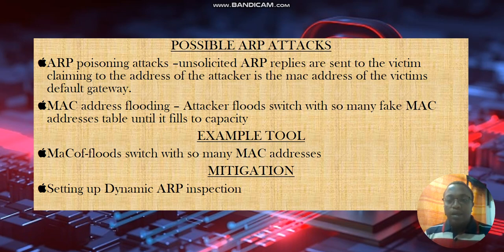This way, the device in the network will think that the default gateway to get to the internet is the attacker's IP address. So the attacker will just be enjoying seeing all the records and data of what this person is doing afterwards. So that is what we call ARP poisoning.